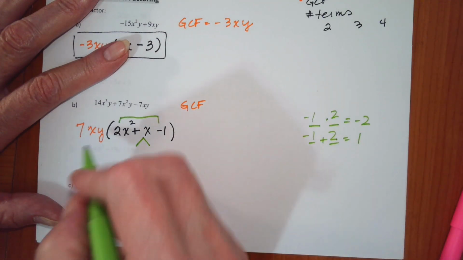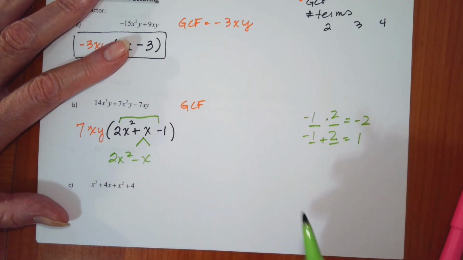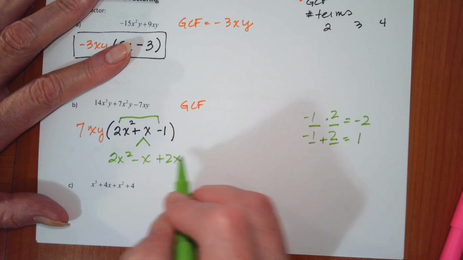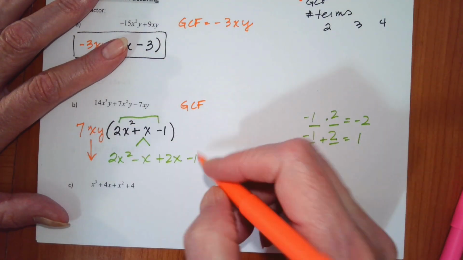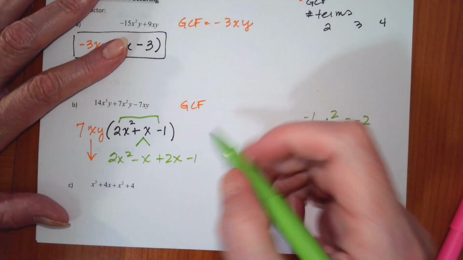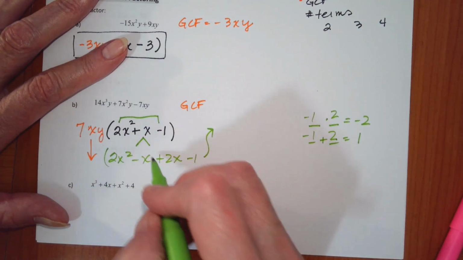So I'm going to take this and write it as 2x squared minus x plus 2x minus 1. And I want to remember to include this, but I'm going to have to take this and move it up here. So I'm going to group this.